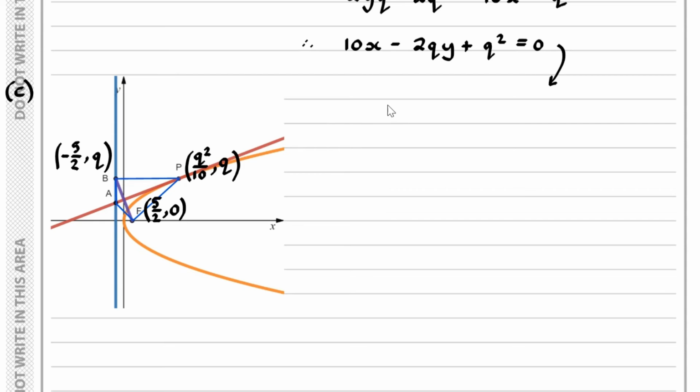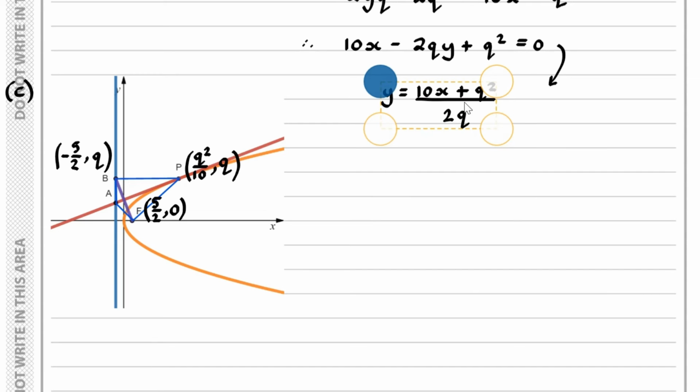We can rewrite this as y equals 10x plus q squared over 2q.